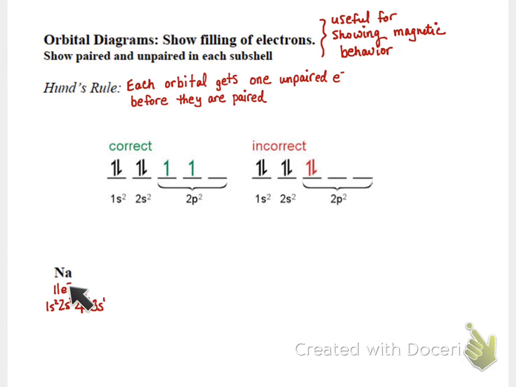Sodium, neutral, has 11 electrons. Its electron configuration, 1s2, 2s2, 2p6, 3s1. So each s orbital is going to get one line, because one orbital. When we get to the p, it's going to have 3 orbitals, so it's going to get 3 lines and hold 6 electrons.